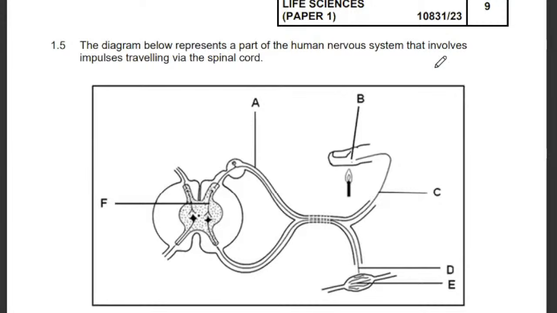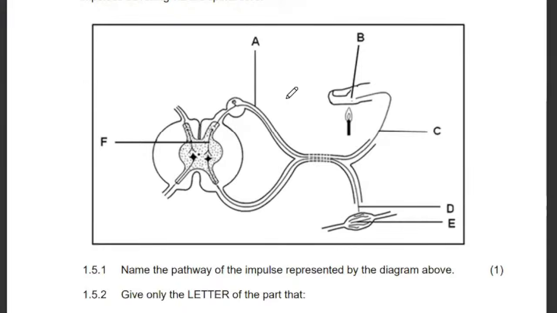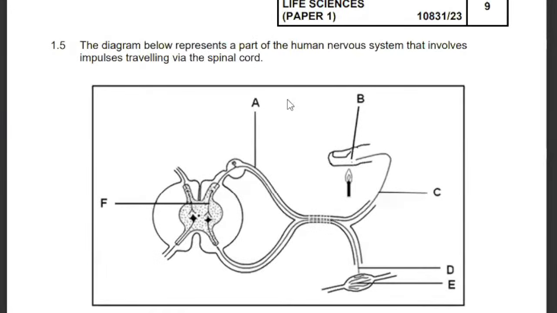here, what they are saying is the diagram below represents the part of the human nervous system that involves impulse traveling via the spinal cord. So basically, what is here is the reflex arc. Since it's a reflex arc, it means that you are able to understand.